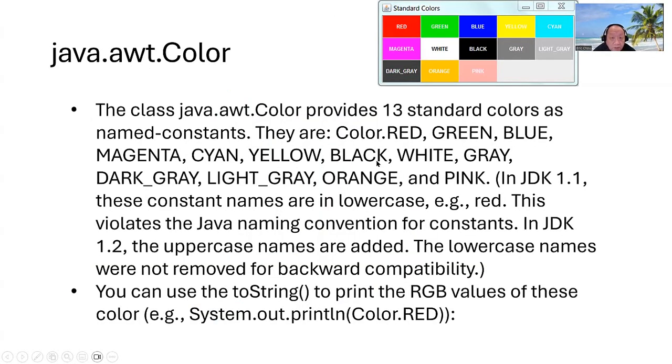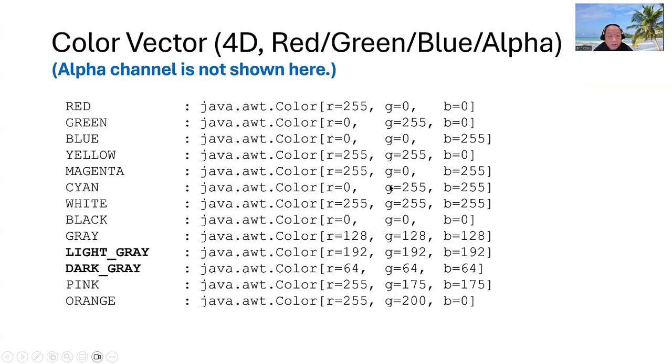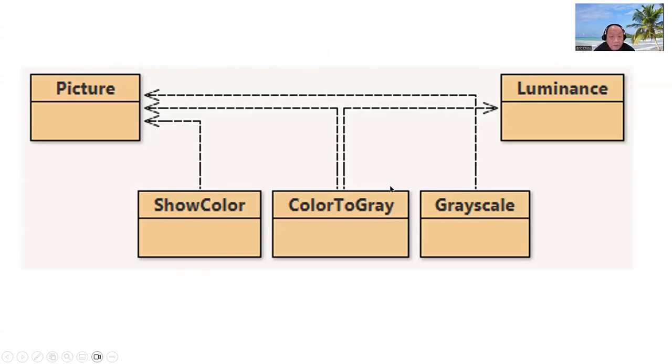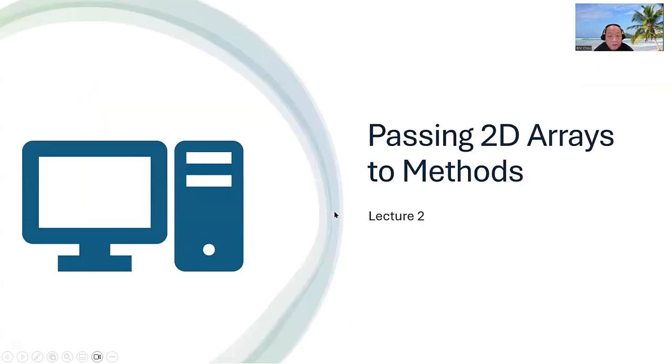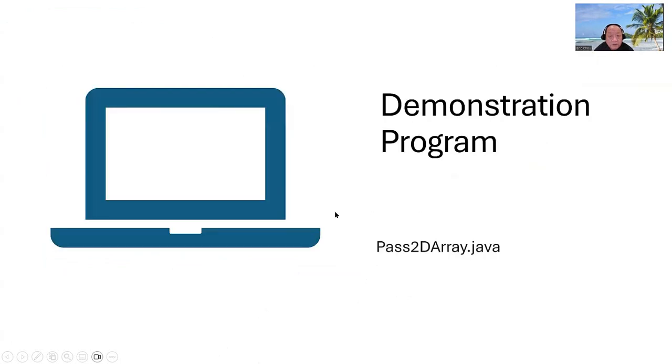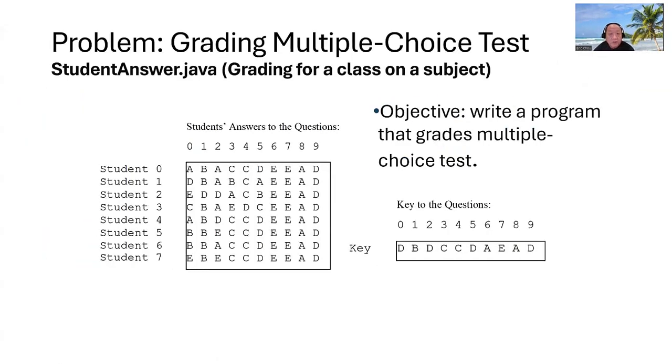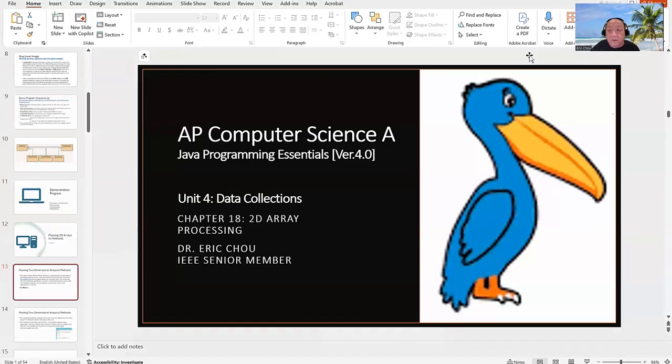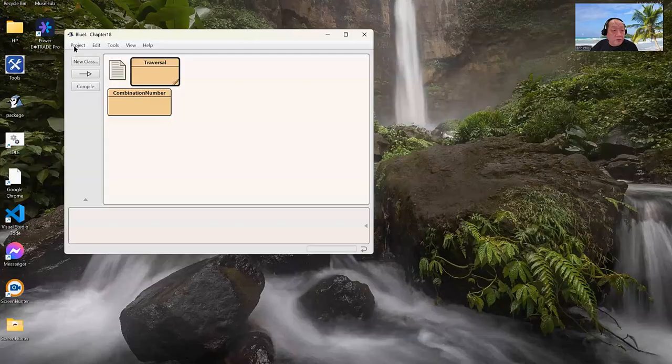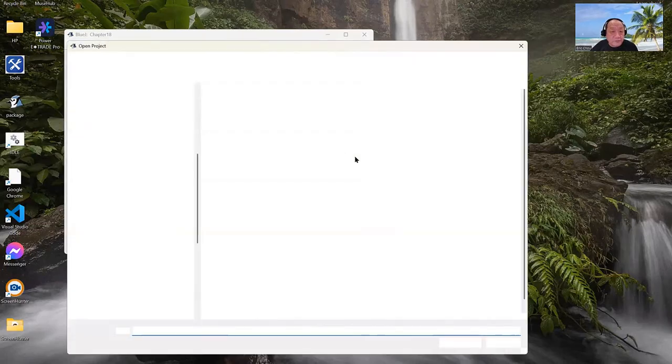Okay, so there are two different systems, and in Java there is the AWT color. These are different color systems that you can use. Okay, anyway, these are not what we want to do. What we want to do is this example using the picture. So we will look into the picture algorithm. Okay, let's go for it. So I'm going to open a project that we had last year.